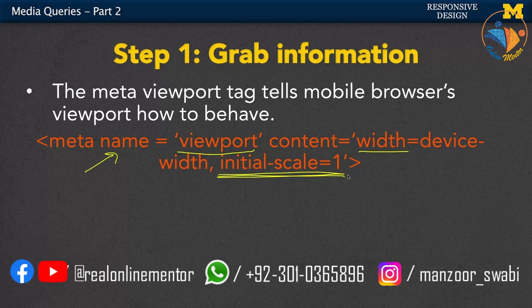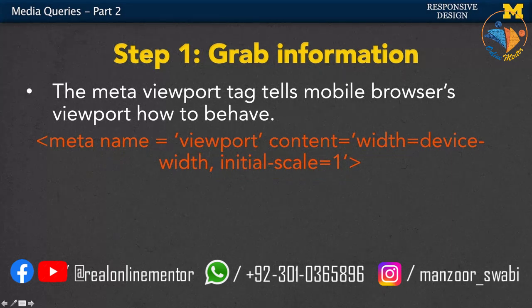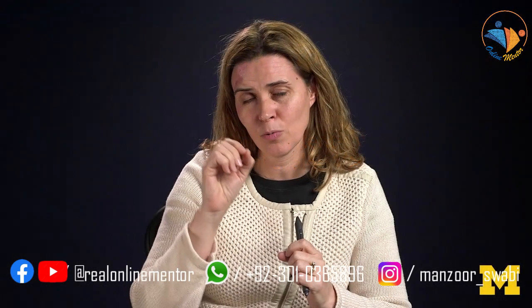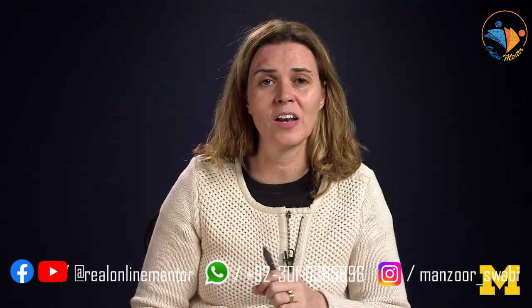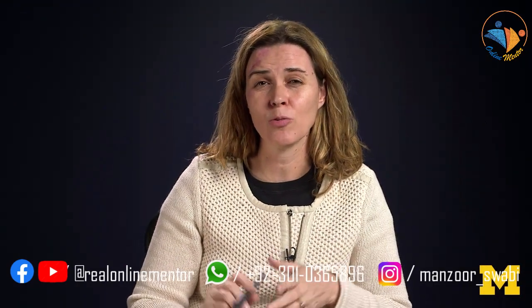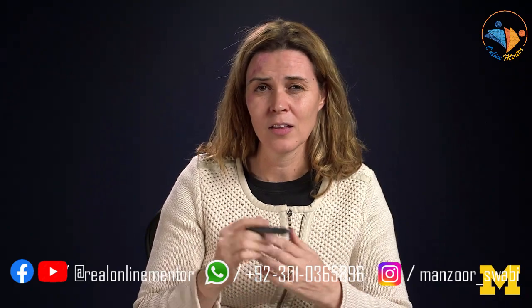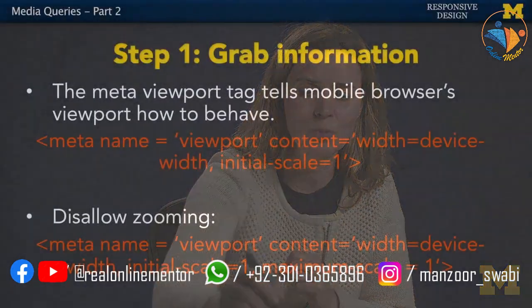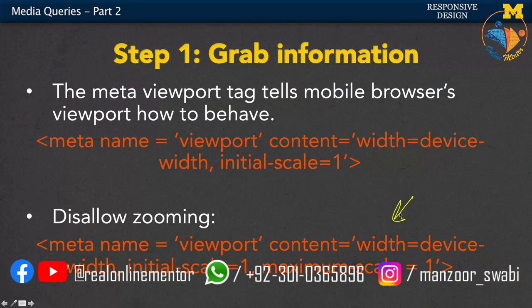Now, if you've ever been to a site where things are really small and you want to make it bigger so you can read it a little better and it just won't let you do that, that is because somebody has put this very horrible piece of code into their HTML. Instead of saying just initial scale equals 1, it also has maximum scale equals 1.